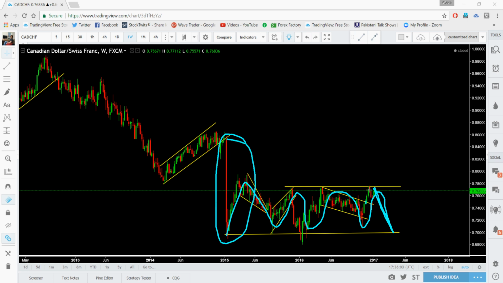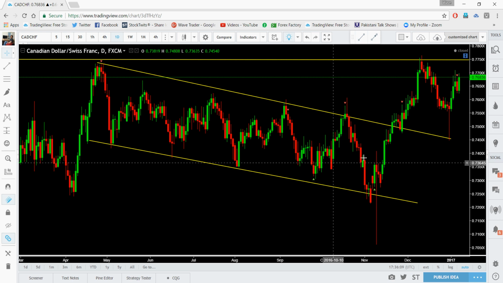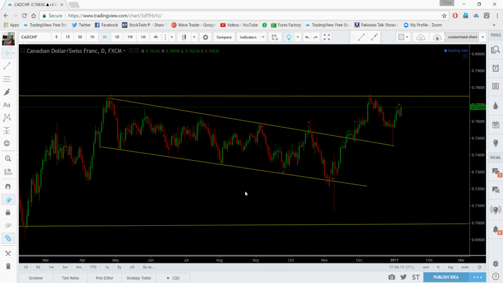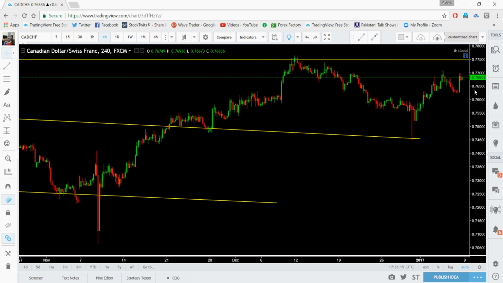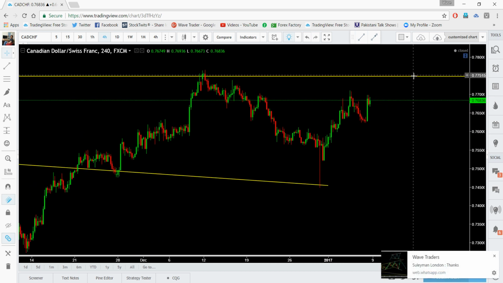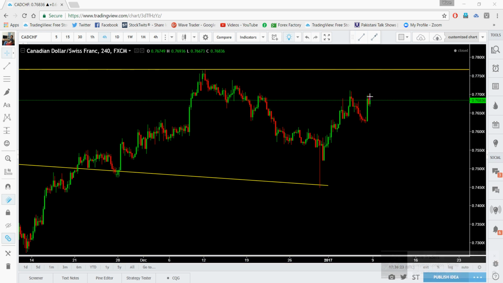Every time price hits the top, we will look for sell. So watch price action here and look for sell to the downside.